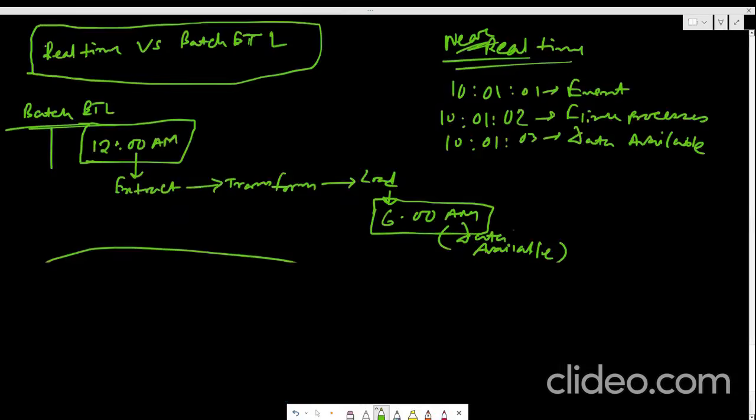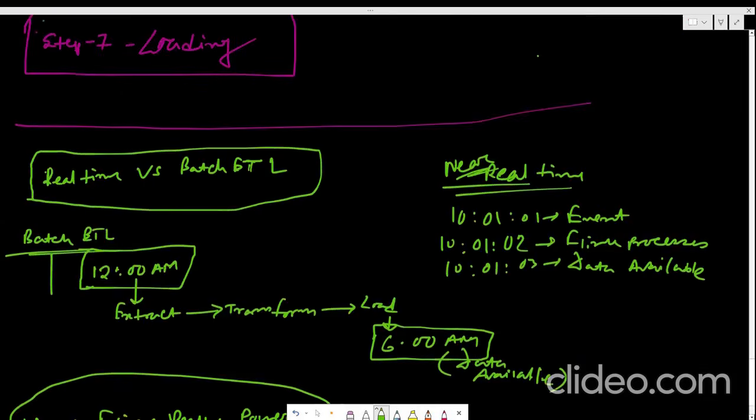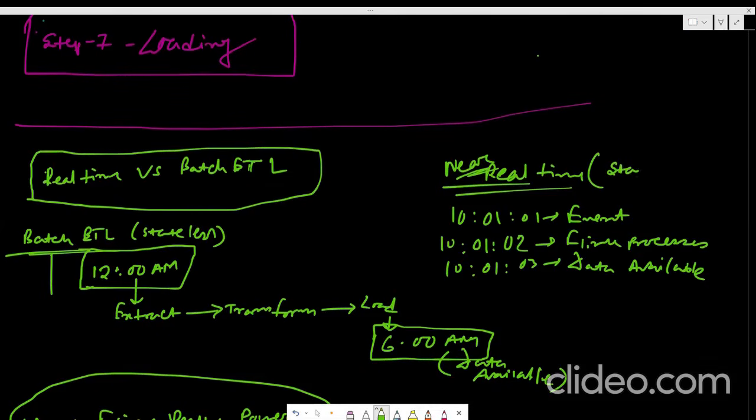That's why we are getting that kind of data. These states can continuously evolve as new events arrive. That's difficult to achieve efficiently with a simple stateless ETL pipeline. Batch ETL is basically stateless, but near real time is stateful. That's the main difference.